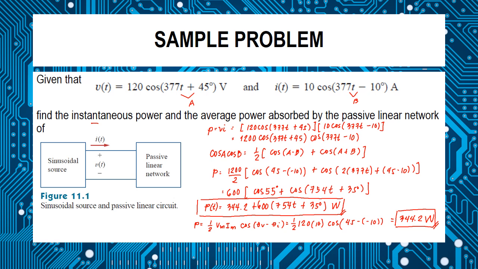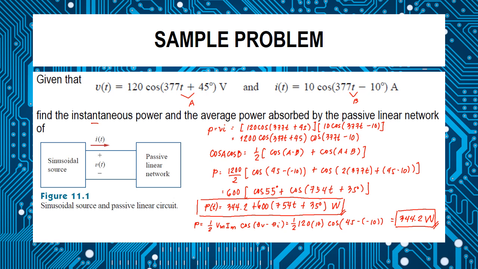I'll just write it here. We have cosine A cosine B is equal to 1/2 [cosine (A minus B) plus cosine (A plus B)]. So in our example, this is our A and this is our B, the angle of voltage v(t) and the angle of i(t).